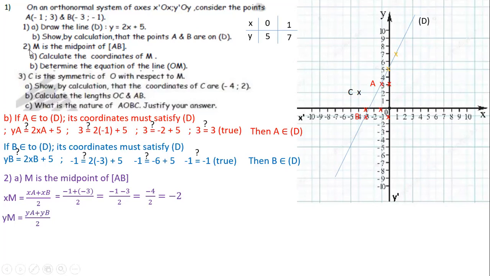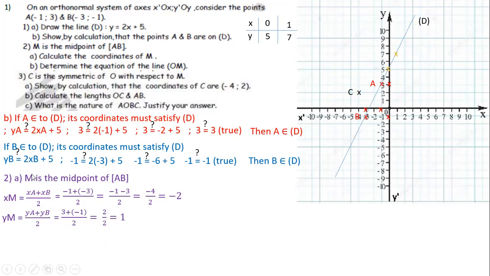We replace YA by 3 plus YB, which is -1, over 2. Positive times negative is negative. 3 minus 1 is 2. 2 over 2 is 1.